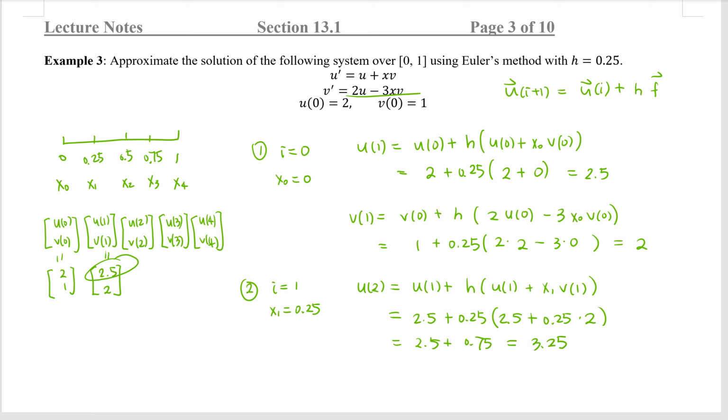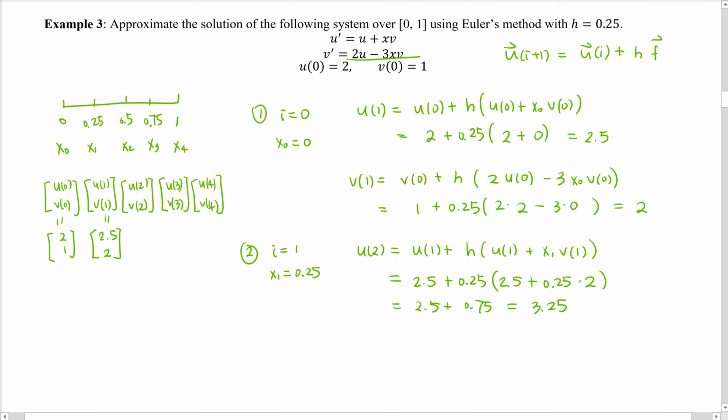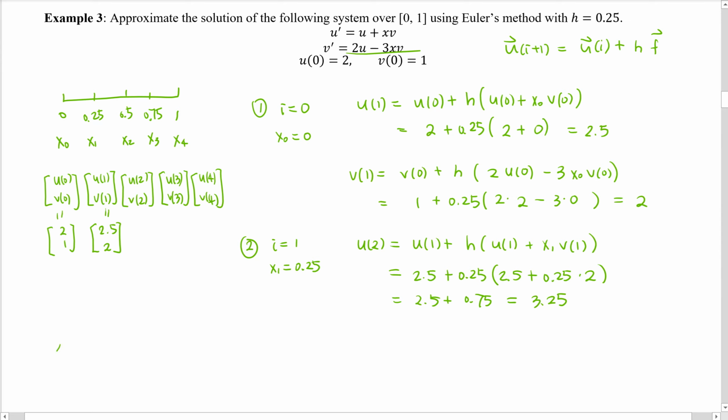Is that okay, everybody? If you need a calculator, go ahead. You're allowed to use your calculator in our course, but you have to write down all the steps, okay? I still have v, I forgot v.